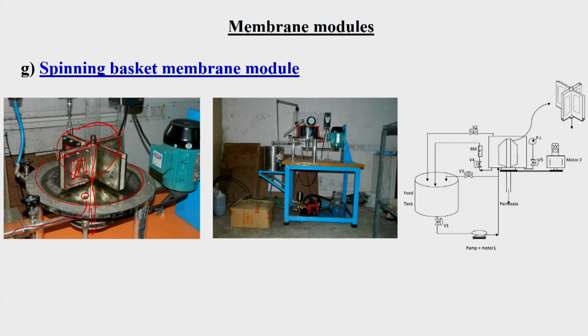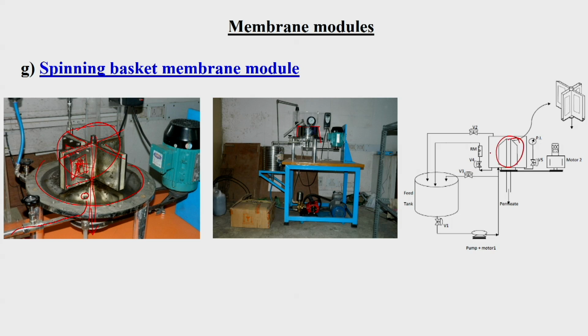Whenever it rotates, due to the centrifugal force, the solvent will enter through this membrane and be collected in a common header, and then we get the permeate. So, whenever we work with slurry type material with high concentration, this spinning basket membrane module is very much effective.